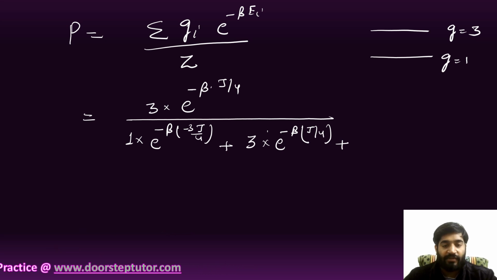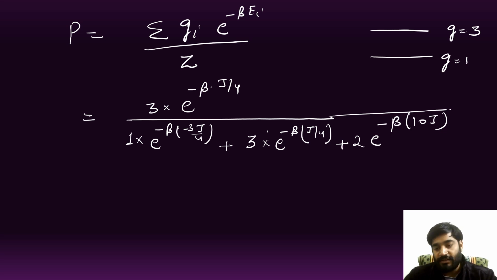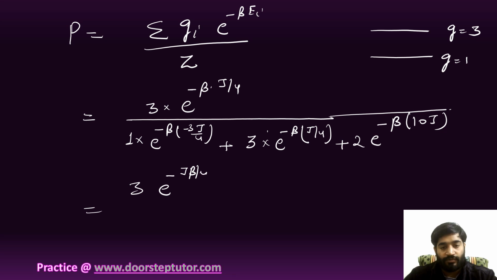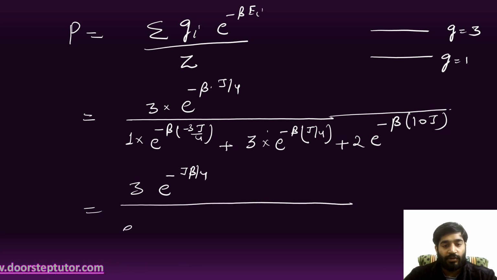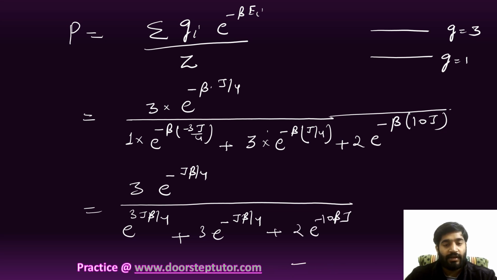That's why I'm multiplying by 2 here: 2 e to the power minus beta 10J. Clear? So this is the solution. You can easily solve it. It's 3 e to the power minus J beta by 4 over e to the power plus 3J beta by 4, plus 3 times e to the power minus J beta by 4, plus 2 e to the power minus 10 beta J. Clear? This is the probability.